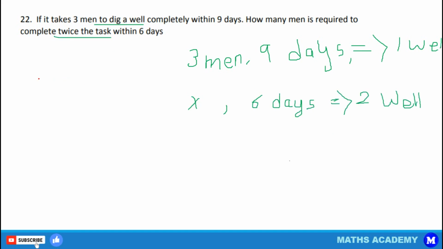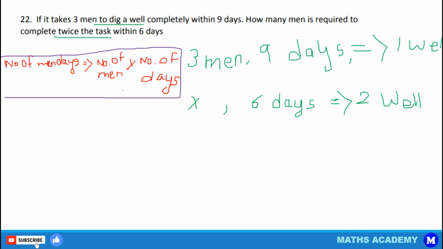So first we should calculate the number of man days. So this will be the equation to calculate the number of man days: number of men multiplied by number of days. So by using this equation, if you calculate, 27 man days is equal to 1 task.